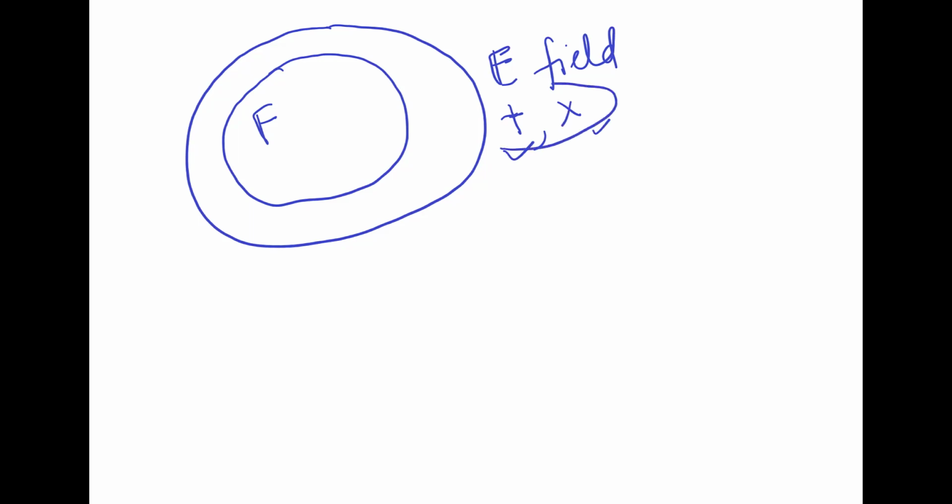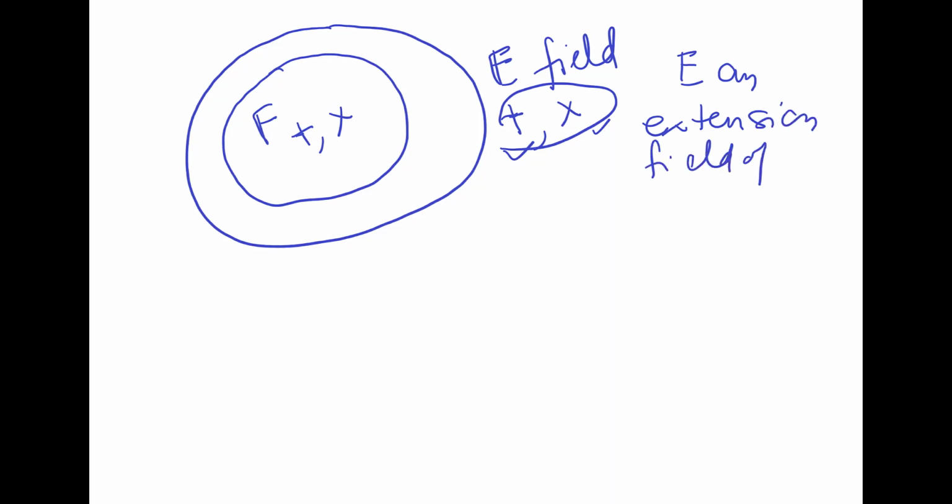The operations for F are the same operations, just restricted to F, okay. So in this case, as E contains F, we may call E an extension field of F.